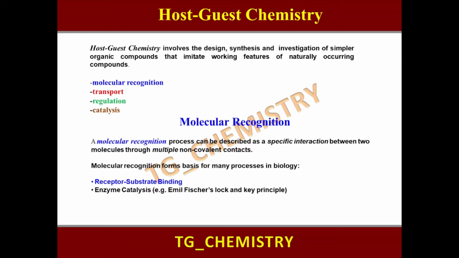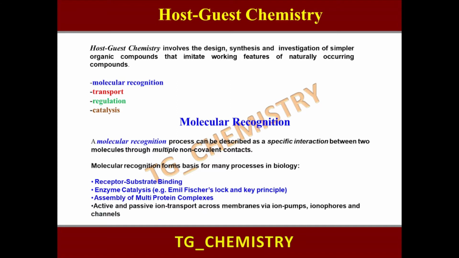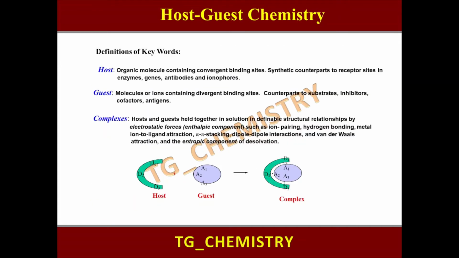I will come to that in the next slides. Also assembly of multi-protein complexes, and active and passive ion transport across membranes via ion pumps, ionophores, and channels. I will talk about this very soon.